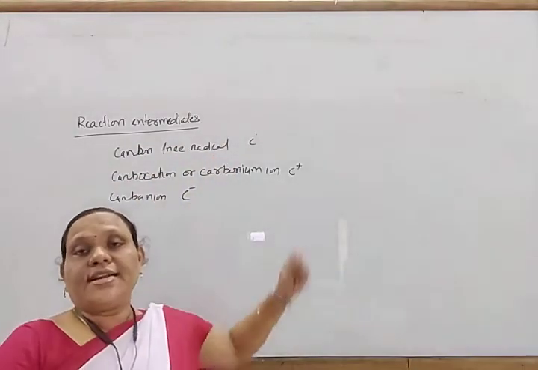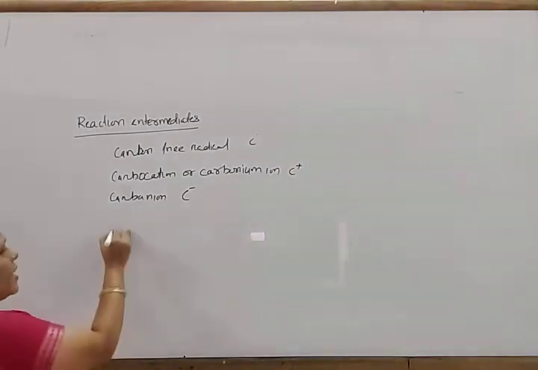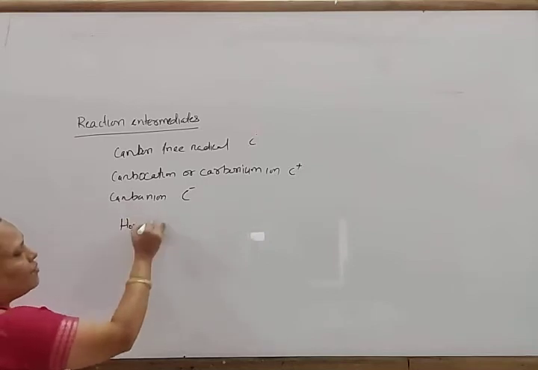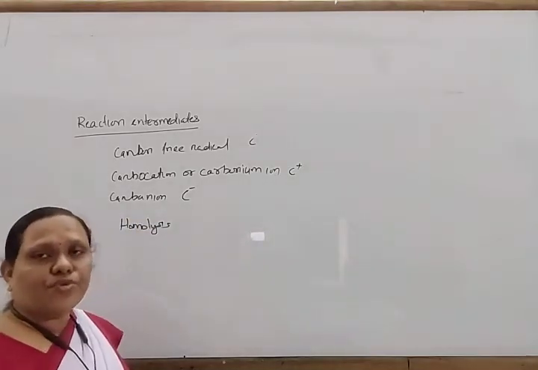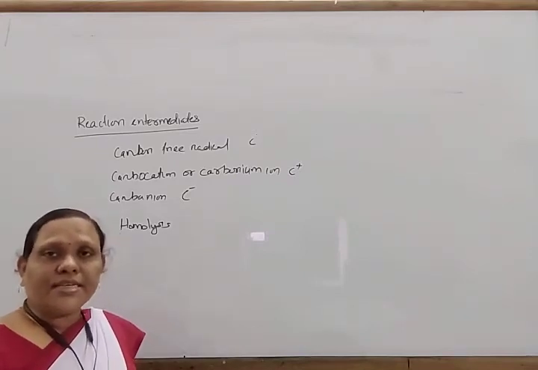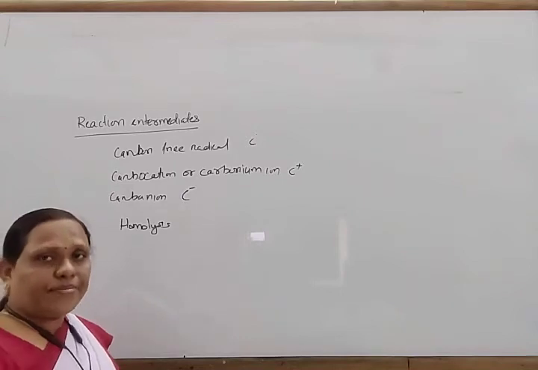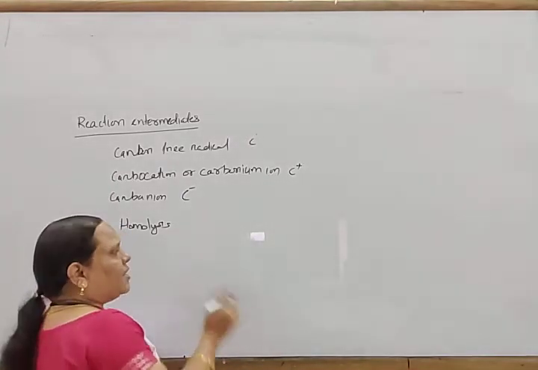First, the carbon free radical. This carbon free radical is generally generated by homolysis, homolytic cleavage of a covalent bond, and generally takes place in the presence of sunlight, by the application of high temperature, or in the presence of some organic peroxide.